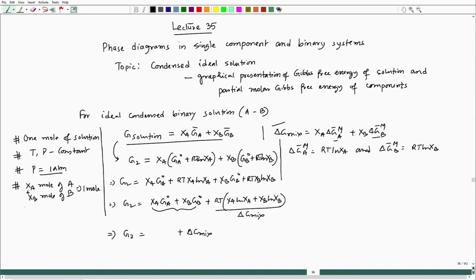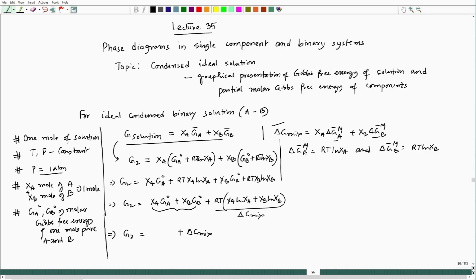So, G A naught and G B naught are basically molar Gibbs free energy of 1 mole of pure A and B.